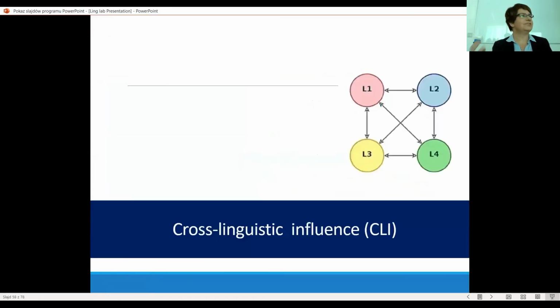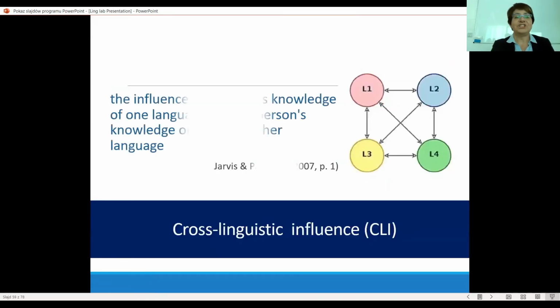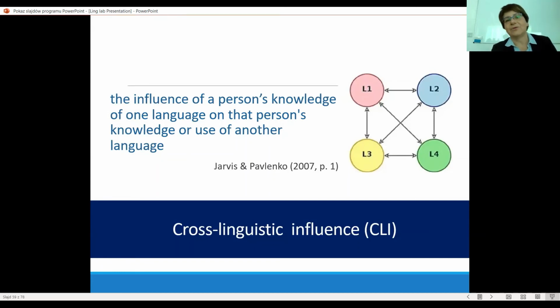But 3rd language acquisition is not only about adding another language. It's a lot of dynamic interactions and cross-linguistic influence, which is the influence of a person's knowledge of one language on the person's knowledge of another language.